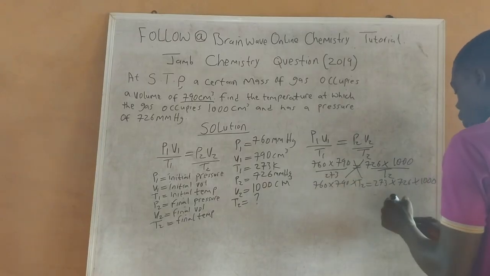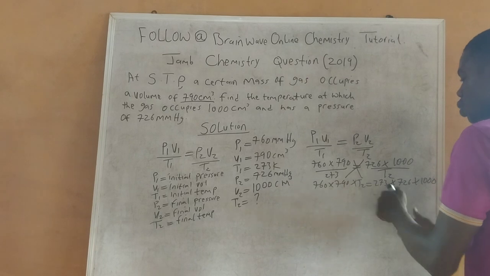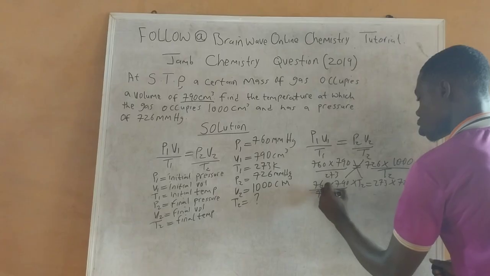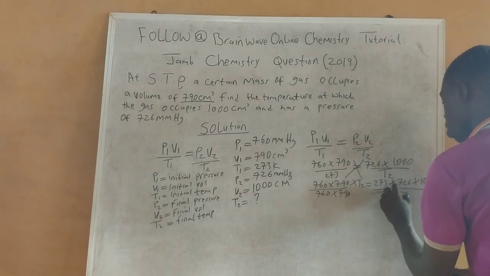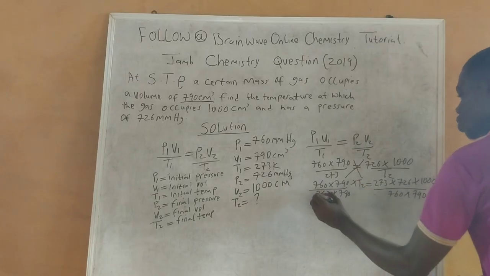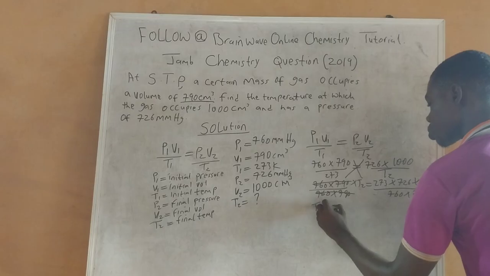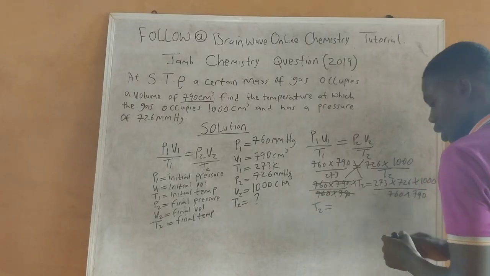Now, at this point, we are going to divide both sides by the coefficient of T2. So it will now be over 760 times 790. So this down cancels this up. So T2 equals 273 times 726 times 1000, over 760 times 790.